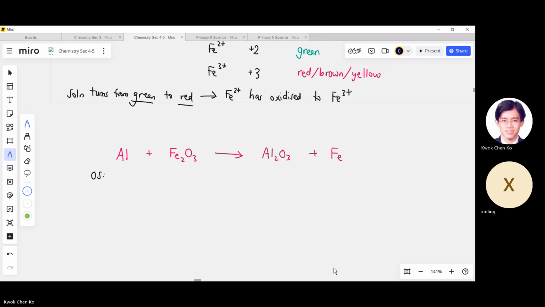Now identify where's the oxidation and where's the reduction. Question done. There's a note. Aluminium is in the elemental state, so OS should be 0, just like iron.